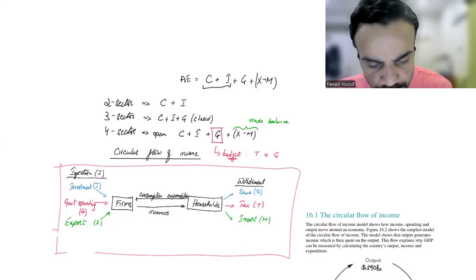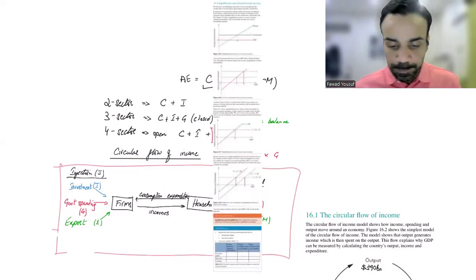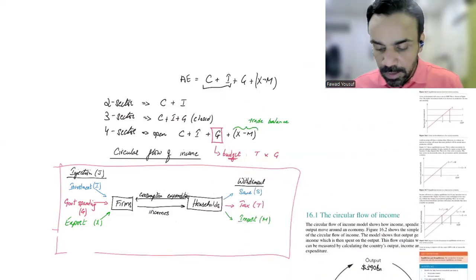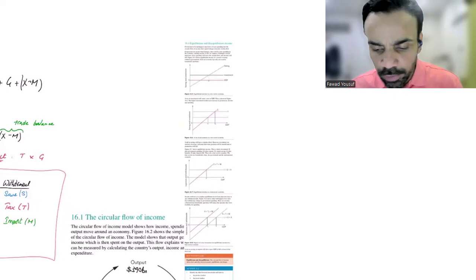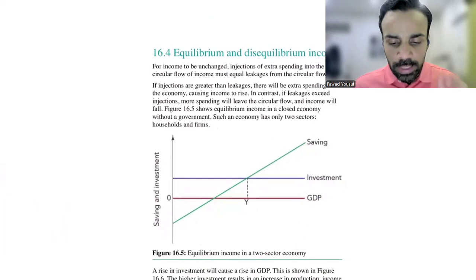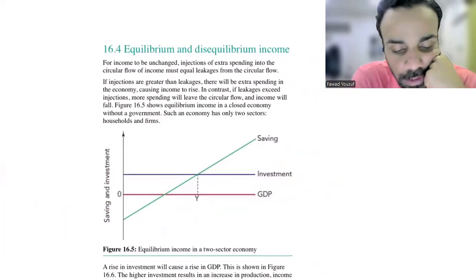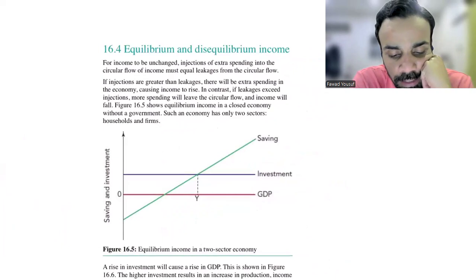Let me just find it. Yeah, okay. There was this part right here. So do let me know if you guys have done this. But in equilibrium and disequilibrium, this is one of the diagrams that they have talked about.